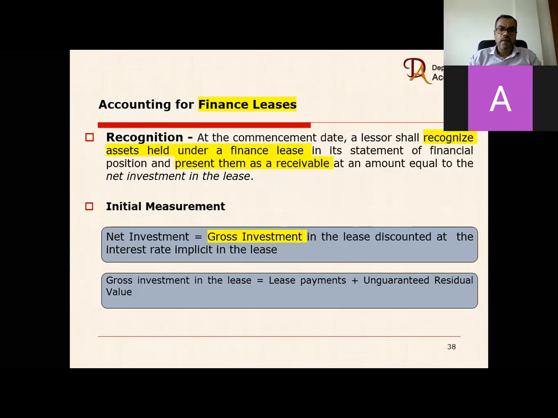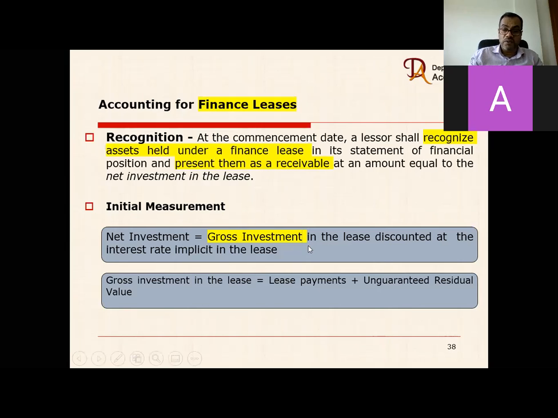Follow the simple rule. But here, two technical terms have come. You have to understand: initial measurement as an asset in your books should be at the amount of net investment. What is meant by net investment in a lease in the books of the lessor?